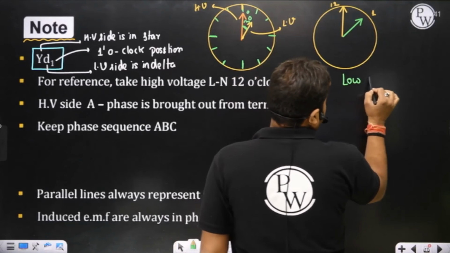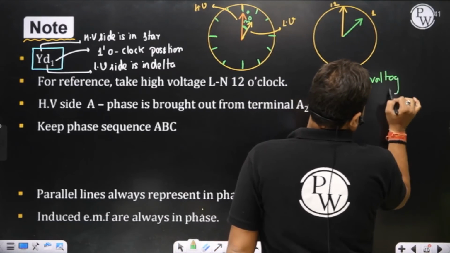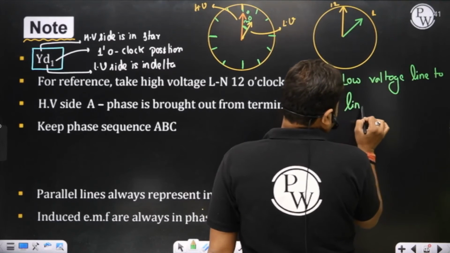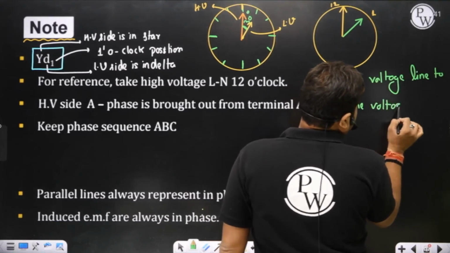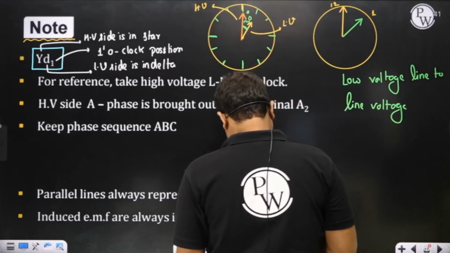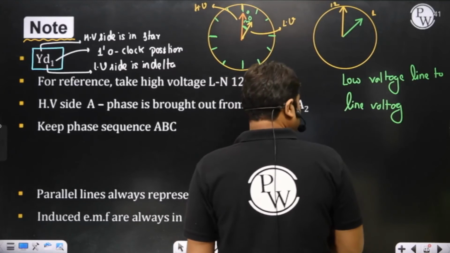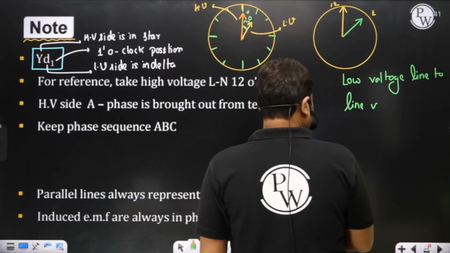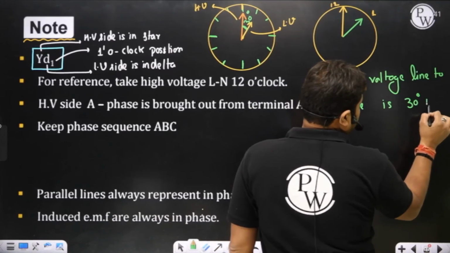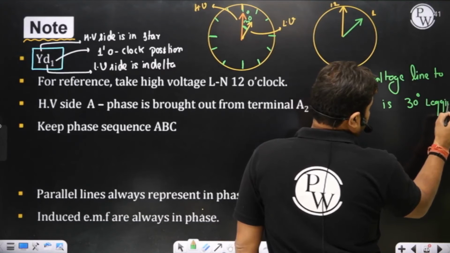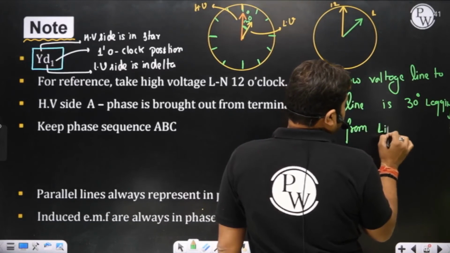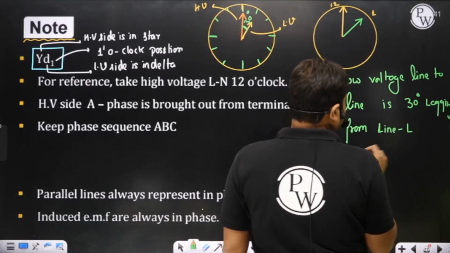So you can write, low voltage line to line is 30 degree lagging from line to line voltage on the HV side.